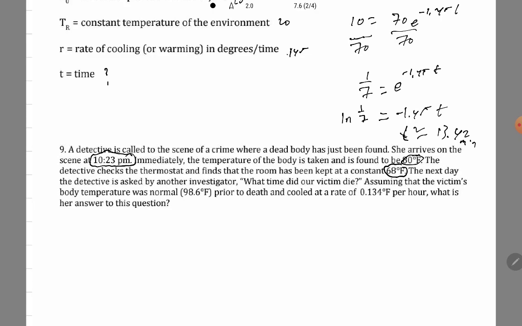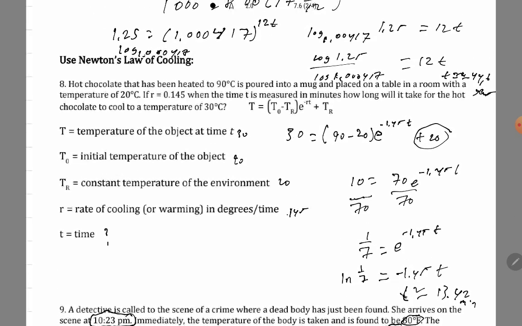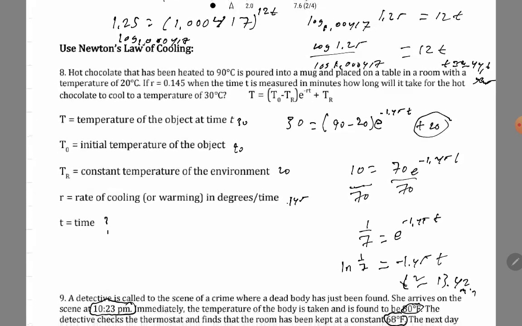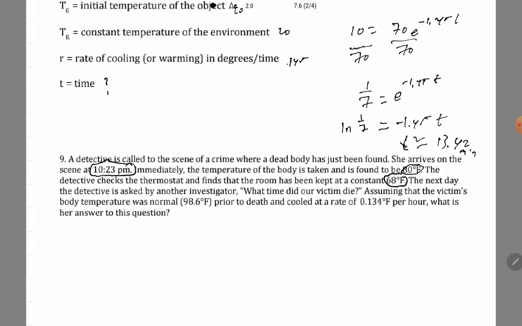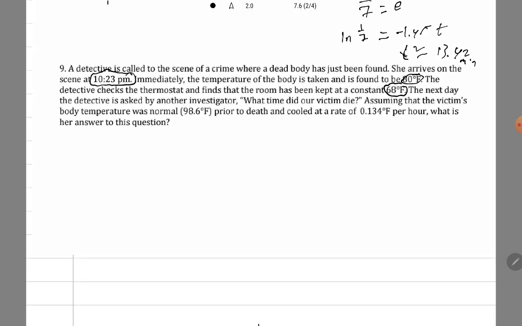I guess this formula works for Fahrenheit as well, as long as you keep it all Fahrenheit. Is that what I'm guessing here? Yes. So it's either all Fahrenheit or all Celsius. So, a mistake I made before: I thought it was all Celsius.